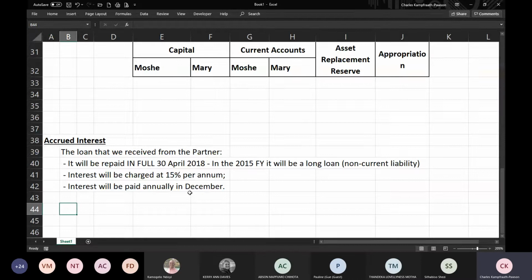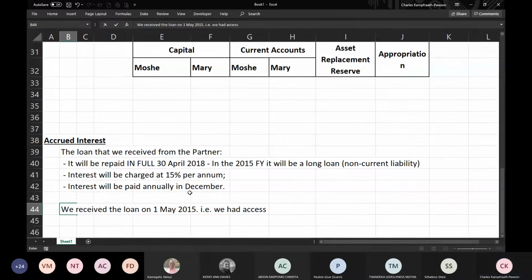Okay. We received the loan on the 1st of May, 2015. In other words, we had access and the use of this loan for 2 months in the current year.